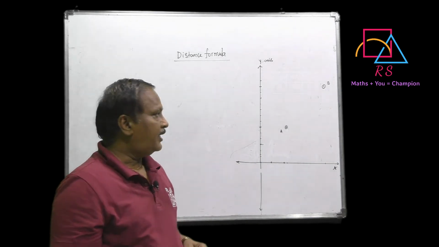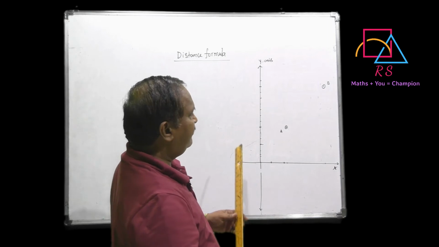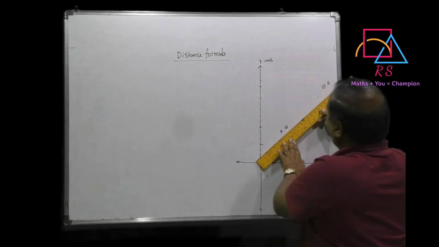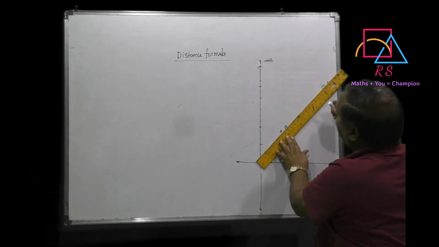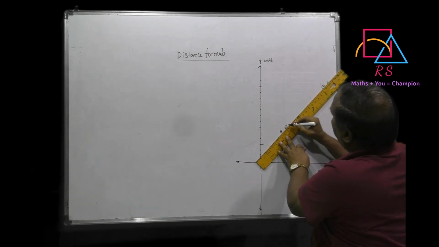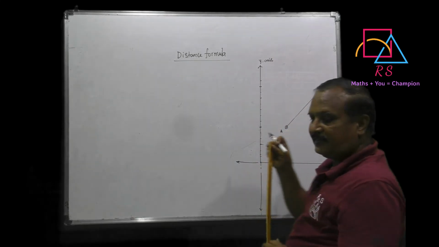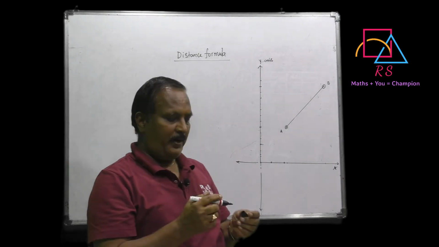Now the problem comes when it is not vertical and not horizontal. For example, A is here, B is here. Now this A and B, how to find the length of AB? This A and this B, it is not a horizontal line, it is not a vertical line.